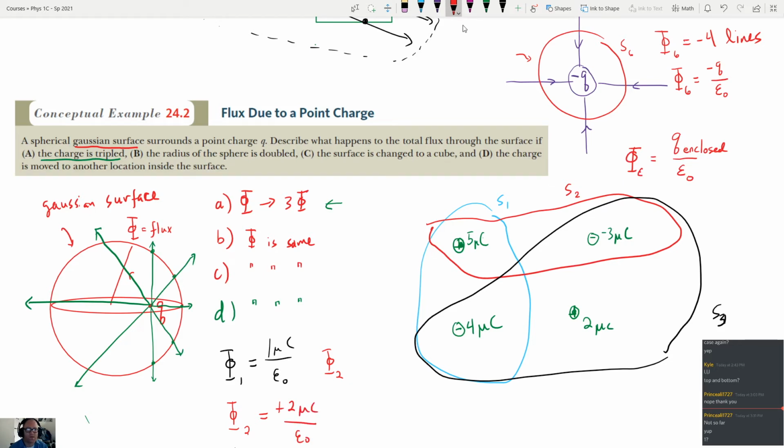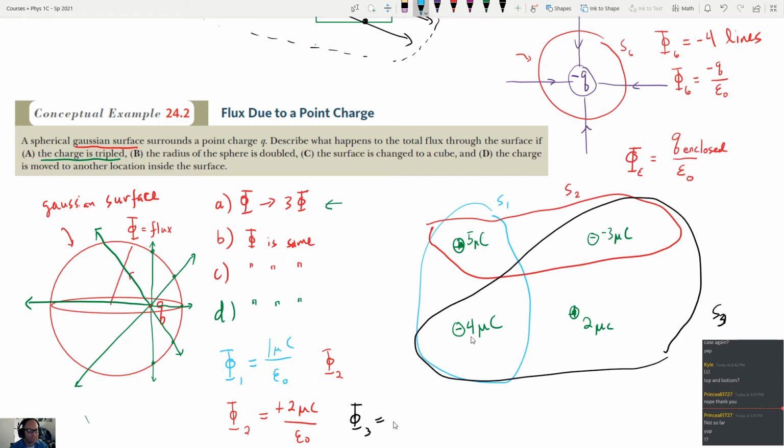And then the last one, which was this black one, phi 3. What's that one going to be? How much charge is inside surface 3?